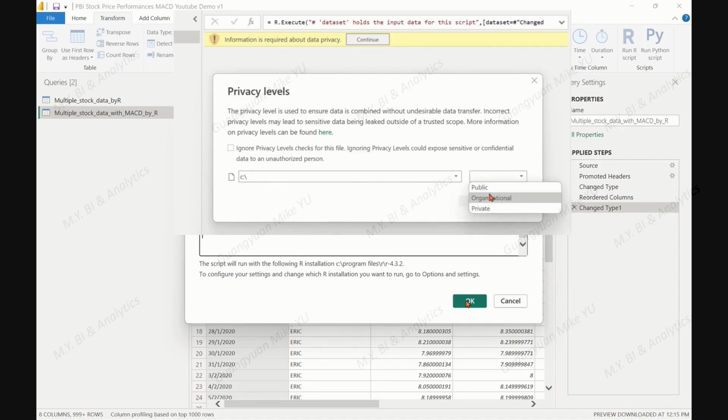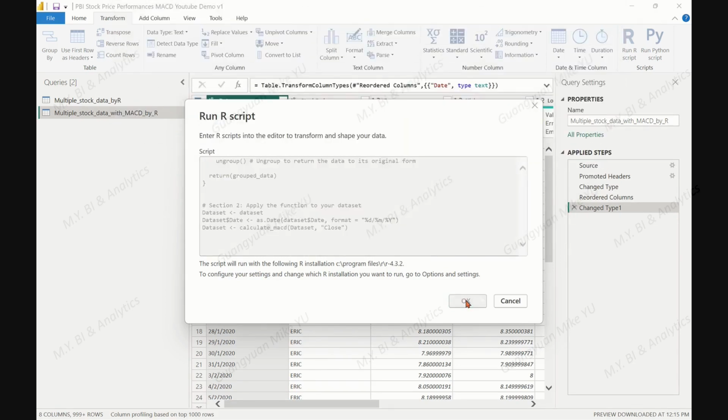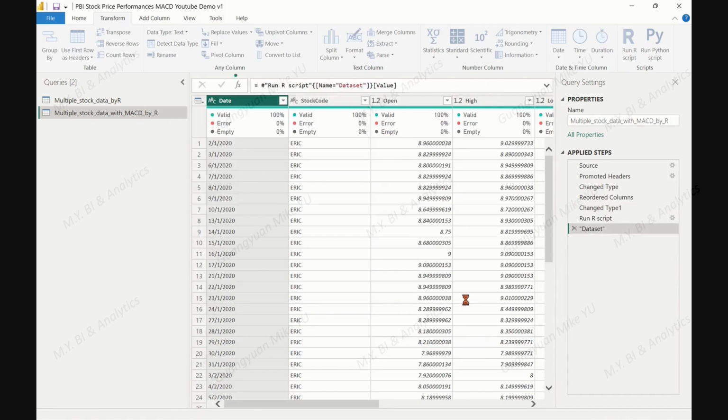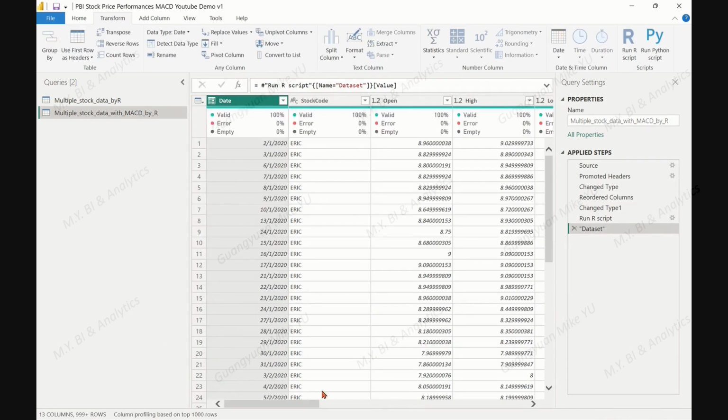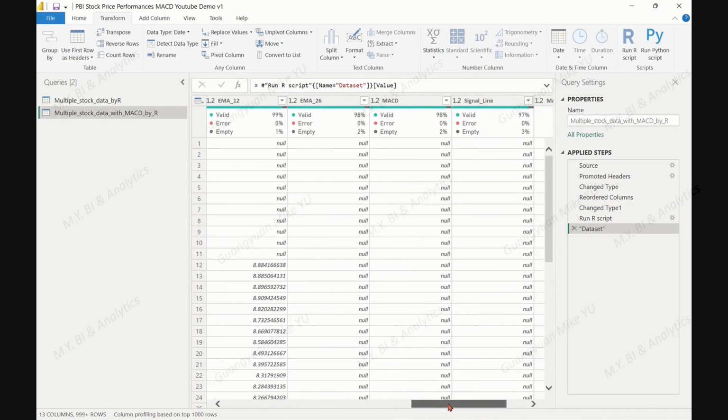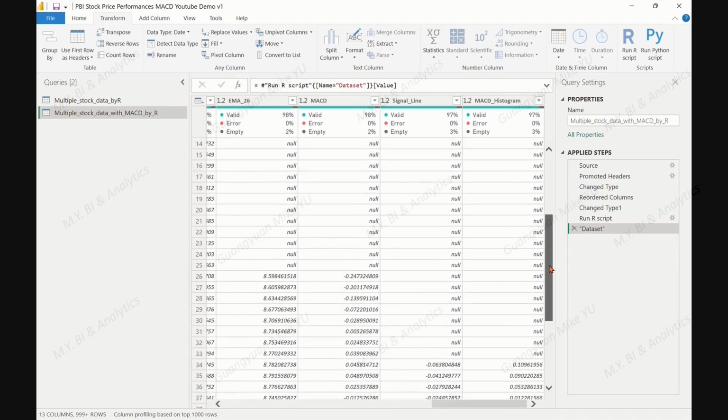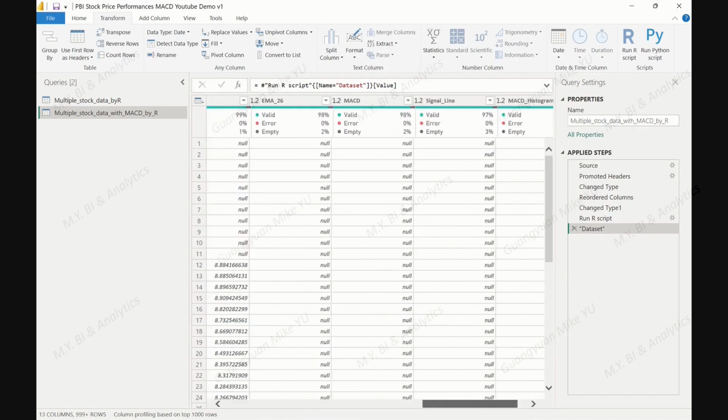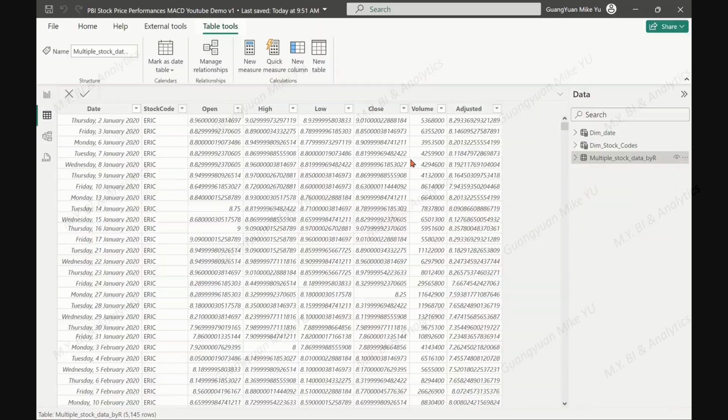My recommendation is to be careful not to skip the privacy level checking and select one of the three data share levels based on your usage scope of the Power BI data and reports. For this demo, I choose the organization level.